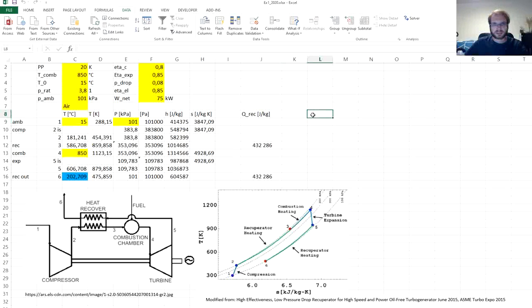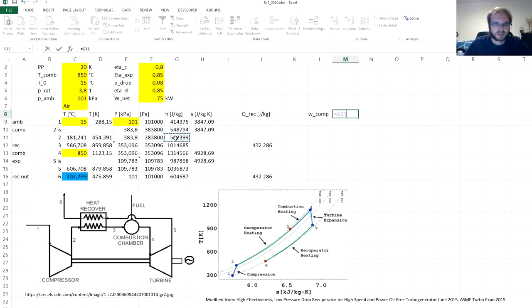And now let's get at the other parameters. So the compressor work is the work between points 1 to 2, which is required by the compressor. And as we mentioned several times, the work of the adiabatic process is difference in enthalpies.